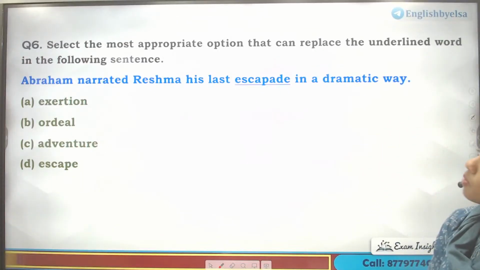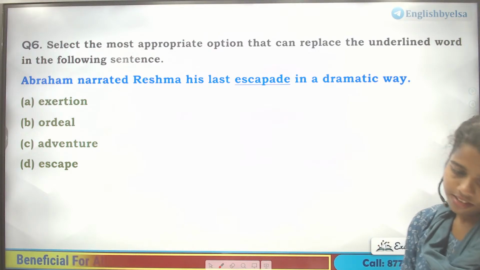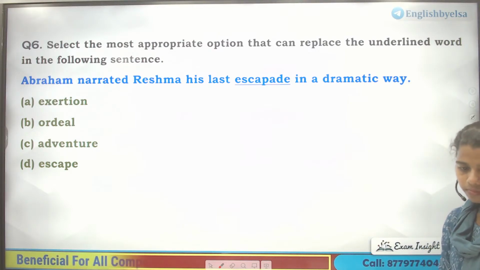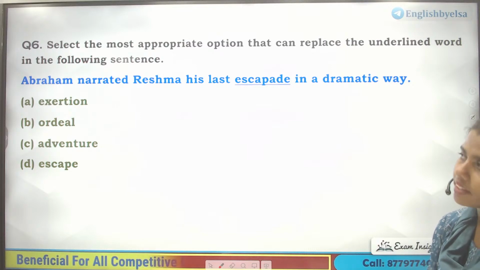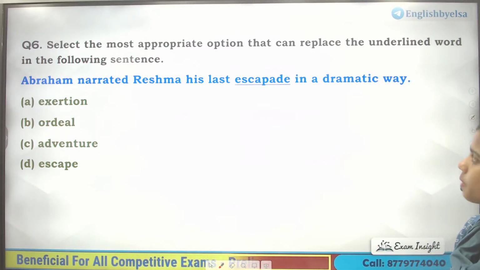Next one, synonym of escapade. Escapade. Abraham narrated Reshma his last escapade in a dramatic way.